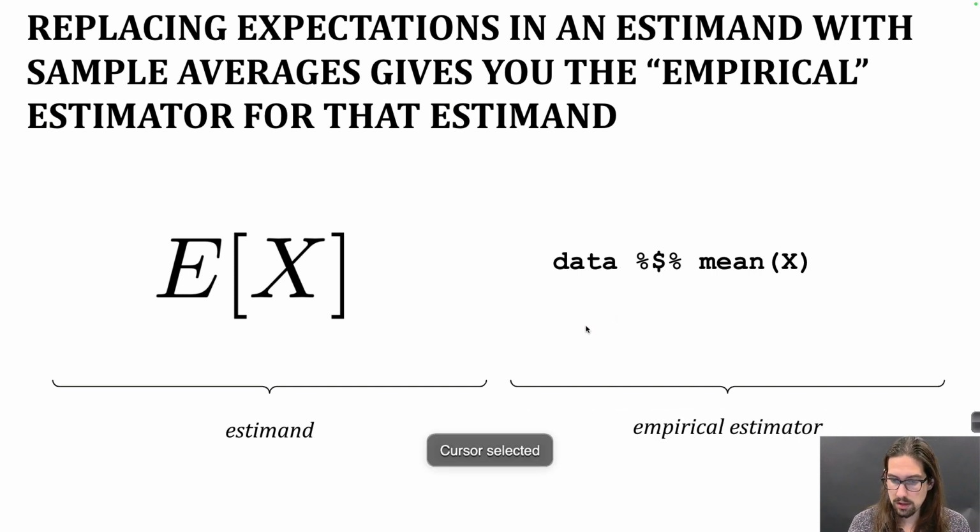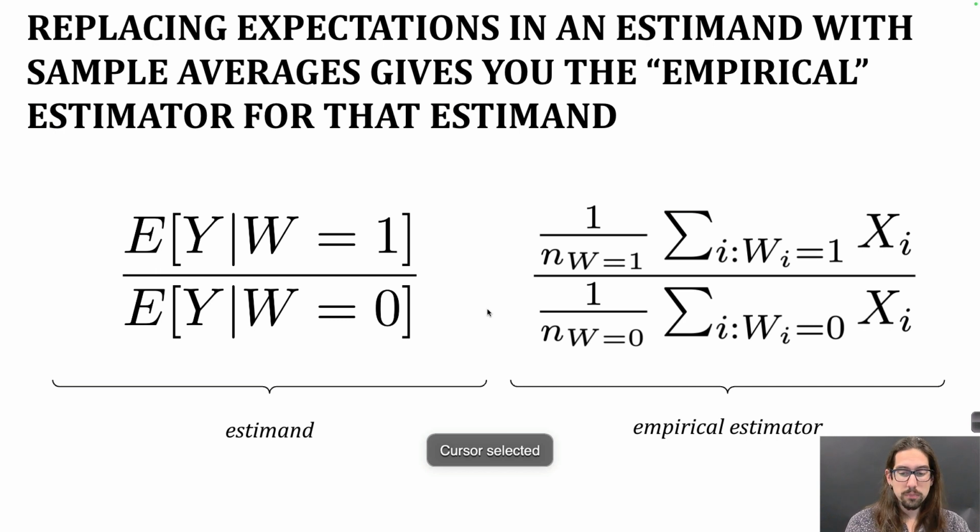And here's a more complicated example, again showing it first in mathematical notation. This is the risk ratio that we talked about, where we have the expected value of y given that the exposure happened relative to the expected value given that it didn't happen.